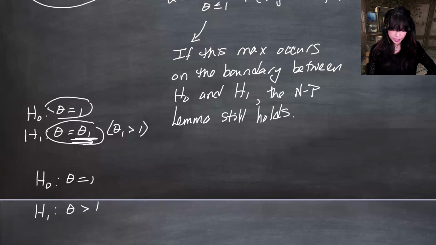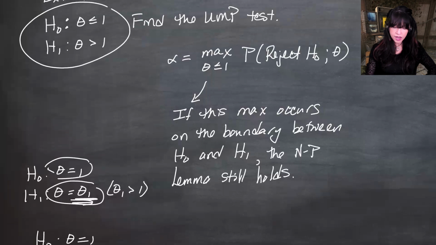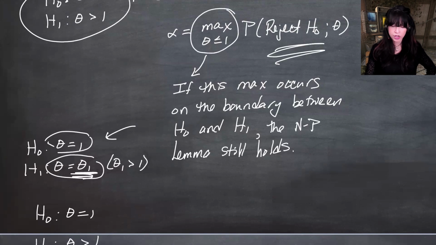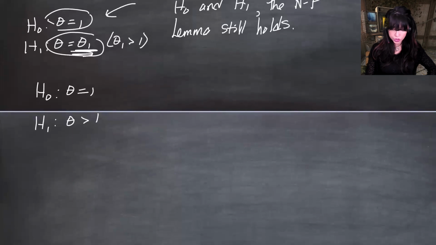And if the cutoff that you determined when doing this test had a maximization step, and if that maximization occurred by plugging in theta equals 1, which is right on the boundary between the null hypothesis and the alternate, then Neyman Pearson still holds.